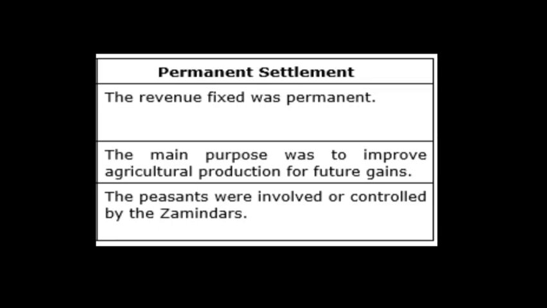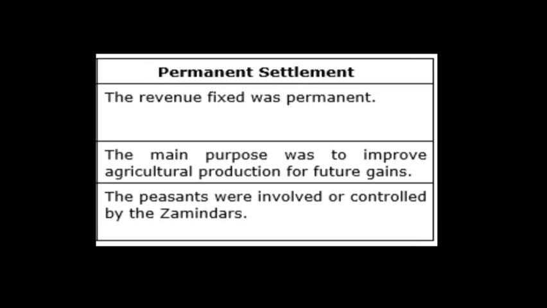And the zamindar also was not just left like that. The zamindar is supposed to collect money from each and every one of them. If the zamindar fails to get the money from the peasants, then he can also lose his title of being a zamindar. So in order to keep a check on the zamindar also, the British gave them certain targets that they have to collect by any means.